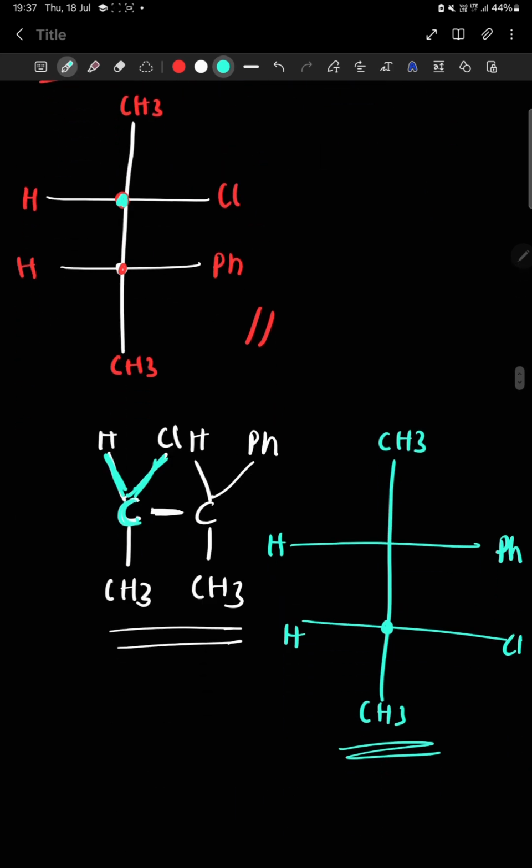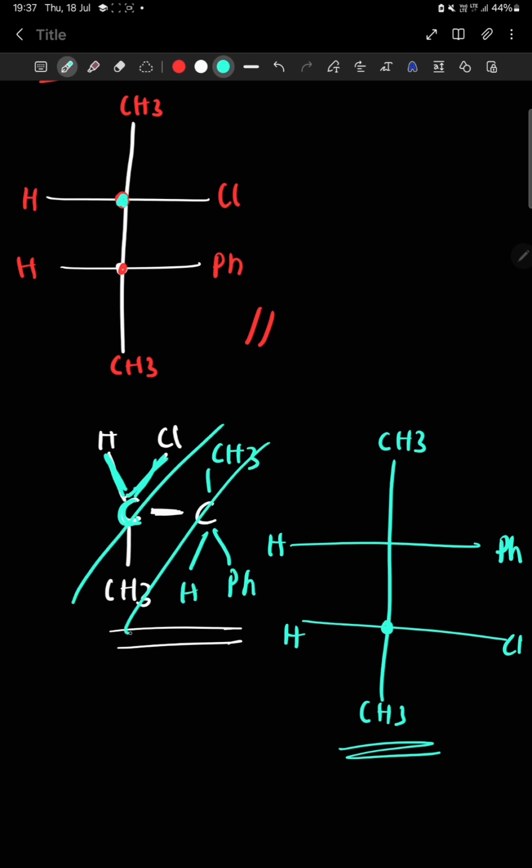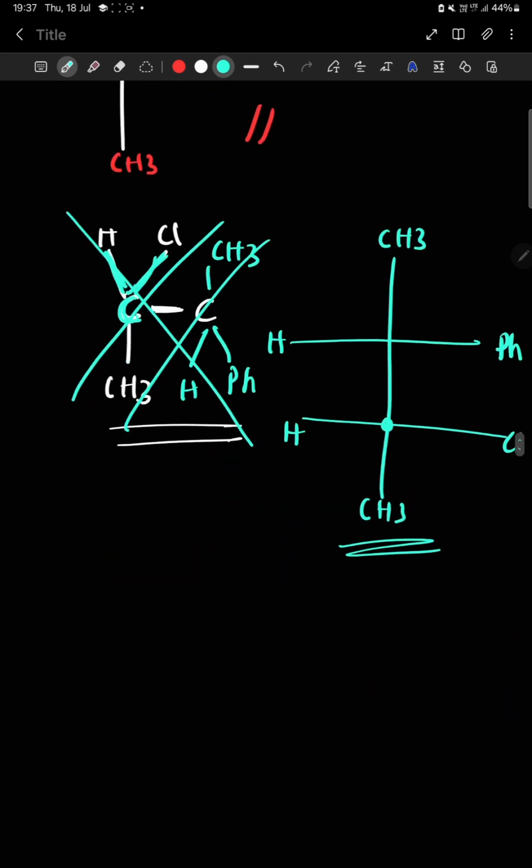Now if you're wondering how the Fischer projection would be for a molecule like this, the answer is that we cannot draw a Fischer projection for a molecule like this. We can draw a Newman projection.